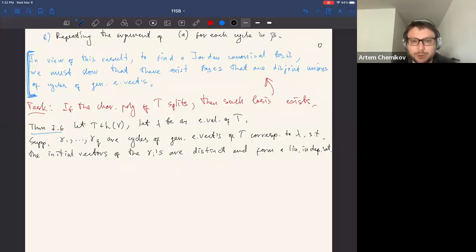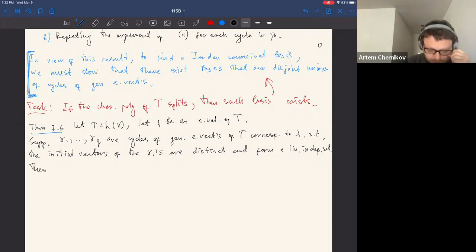Right. So this is the assumption. For a fixed eigenvalue lambda of T, we have some cycles, gamma_1 through gamma_q, of generalized eigenvectors corresponding to this eigenvalue lambda, so that for each of them we can pick the initial vector. Remember, from the definition of a cycle, we can pick the initial vector, and we assume that just these initial vectors are linearly independent.